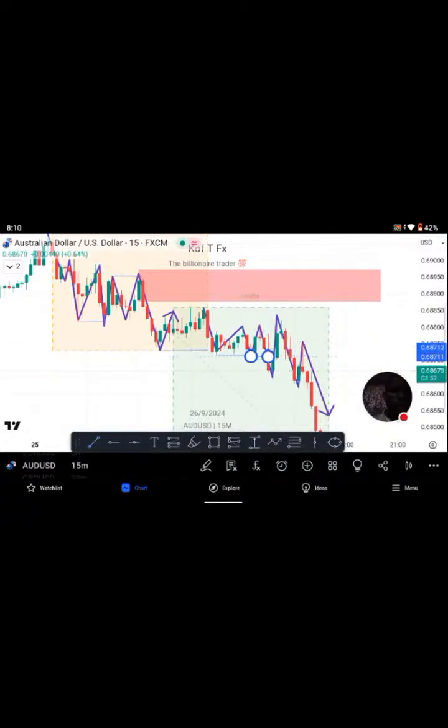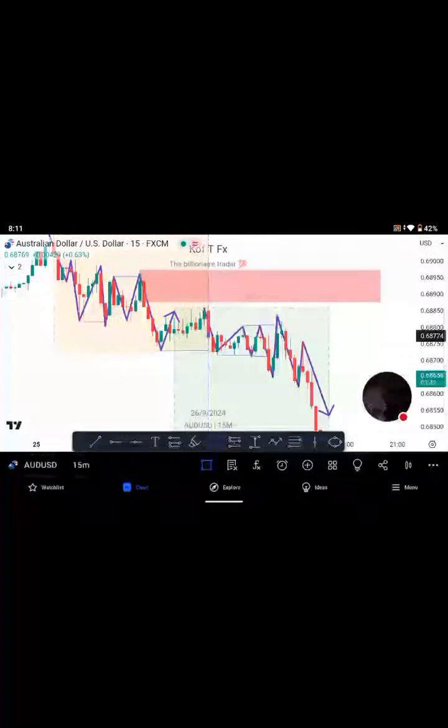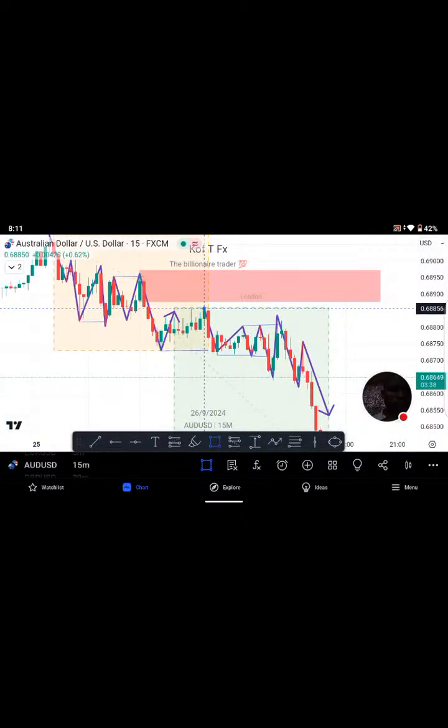and we have price taking out all this high as a liquidity grab. And it's the supply zone here, and it mitigated the supply zone.